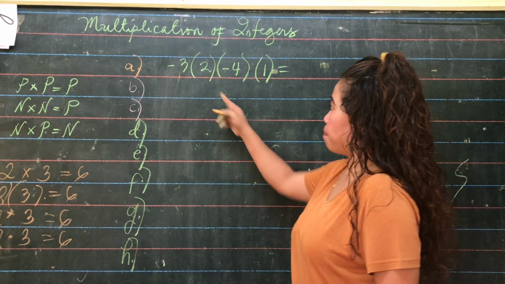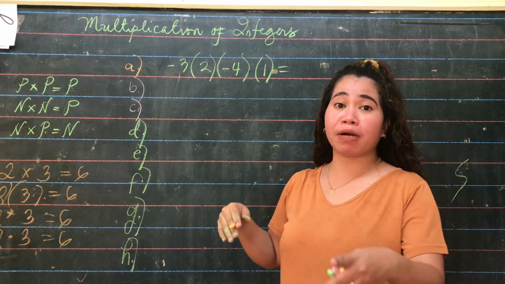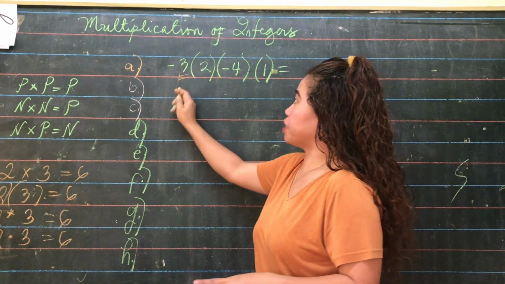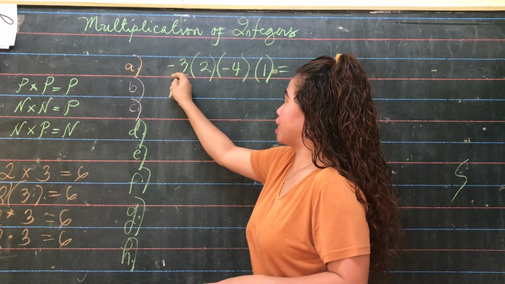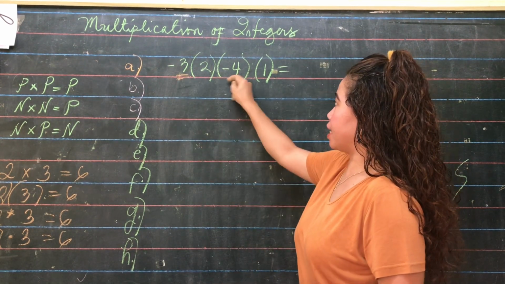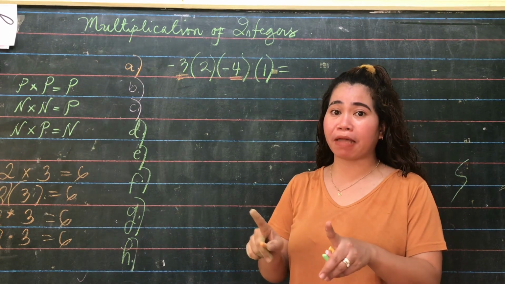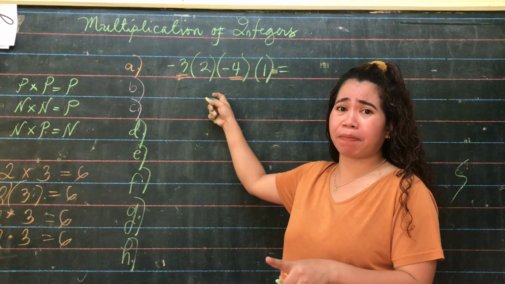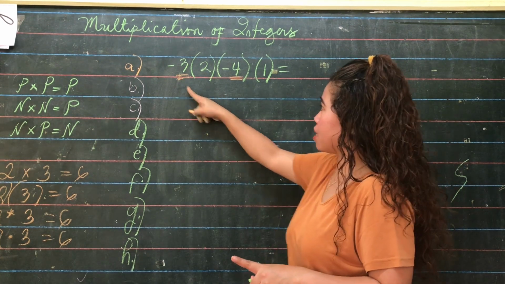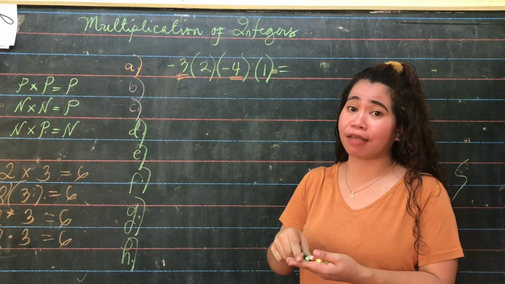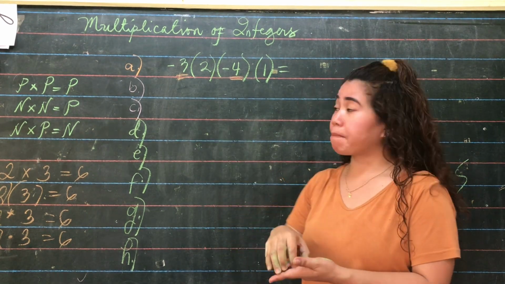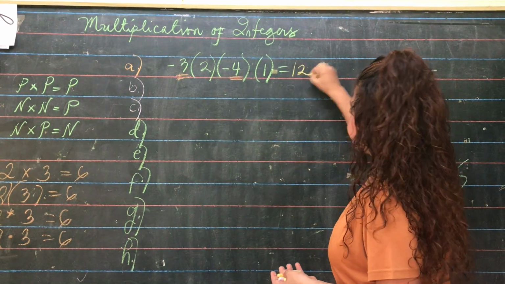Okay, pwede ra ka mag-una sa negative numbers, walay problema. Negative 3, una ko na itong puros negative, negative 3 and negative 4. Sila ang una kong multiply. Negative 3 times negative 4, puros negative, same sign. The answer is positive 12.